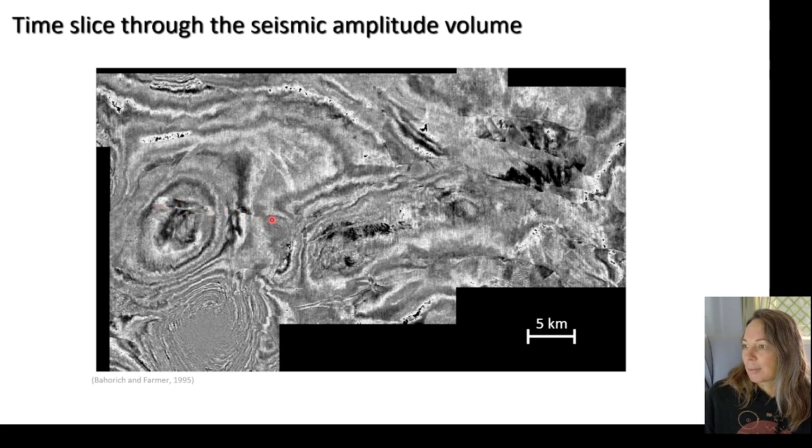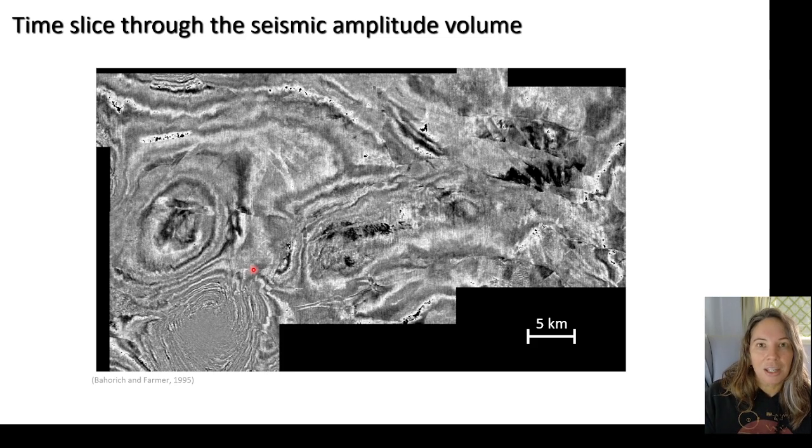I could pick out some discontinuities, maybe over here and over here. This looks like salt to me, and I know it's the Gulf of Mexico. I could pick out a few more faults over here, and then there's something interesting going on in this upper right hand corner. But I'm fairly confident, not 100% confident.